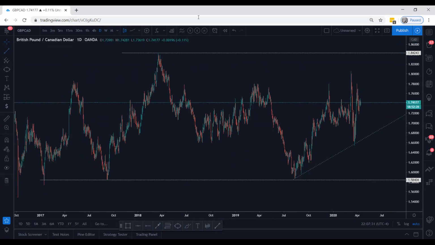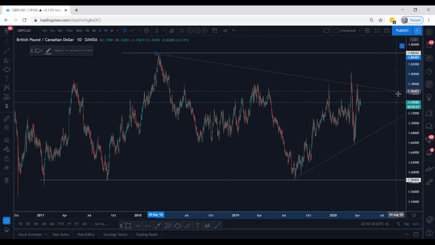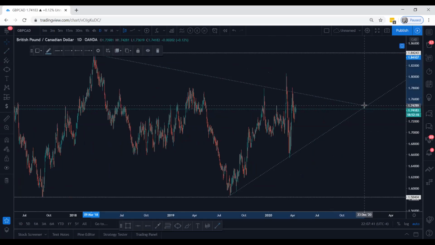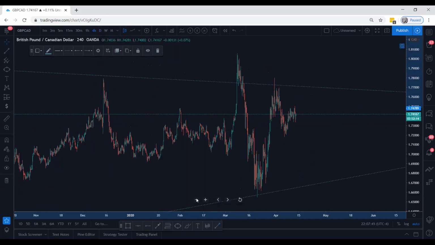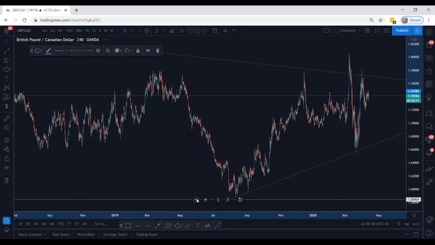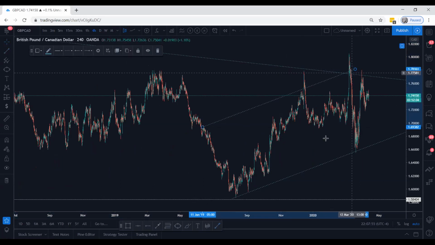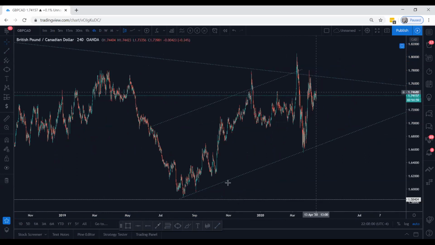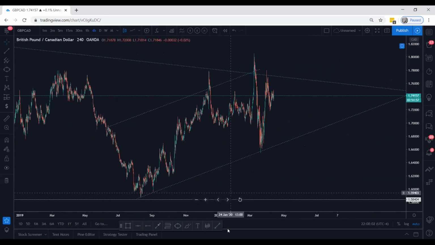On my daily, I'm just gonna box this in, because price keeps rejecting that area. So knowing that we're overall in a correction, I don't really like trading in the middle of things, so I would want to wait for some price action.